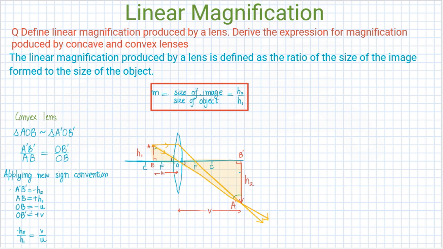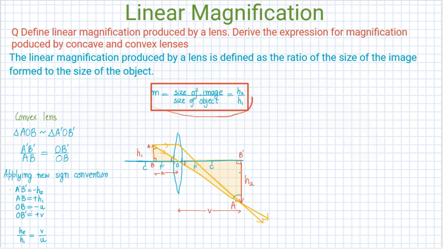So H2 by H1. Now H2 by H1 is the linear magnification for your lens.